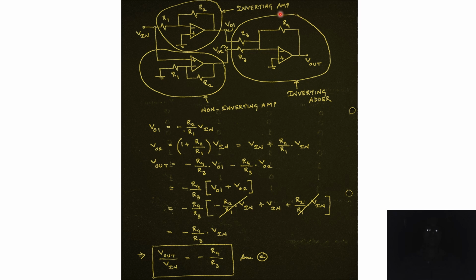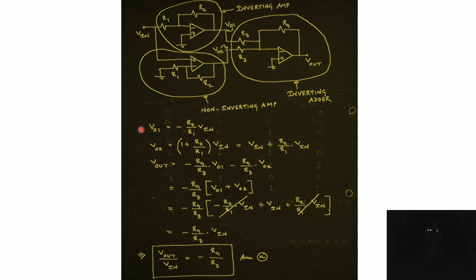Finally, looking at Vout, we know this is an inverting adder, and therefore Vout is given by negative of R4 by R3 multiplied by V01, minus R4 divided by R3 multiplied by V02.